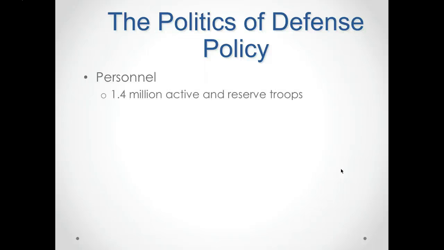We have the political matter of the fact that 1.4 million Americans either serve in the active or the reserve component of our military. These people, of course, vote, and they seek to have a very robust defense budget.